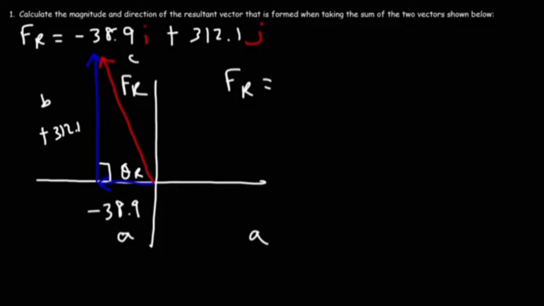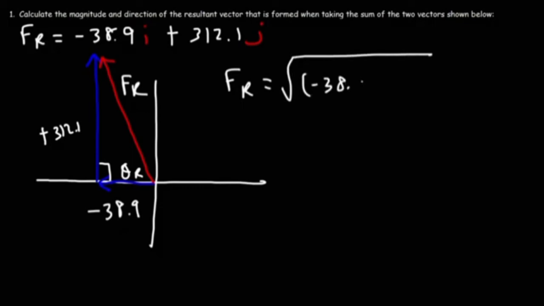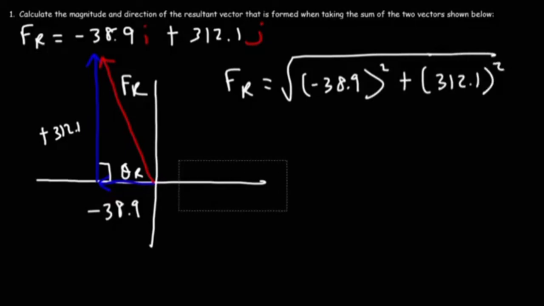We're going to use that same formula to calculate the magnitude of the resultant vector. It's going to be the square root of the x component, negative 38.9 squared, plus the y component, 312.1 squared. Now let's go ahead and plug this in.